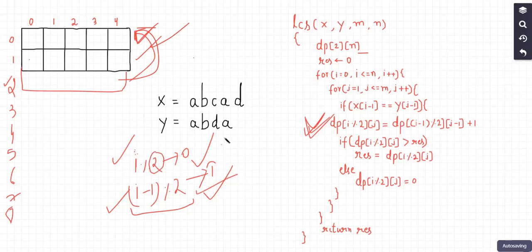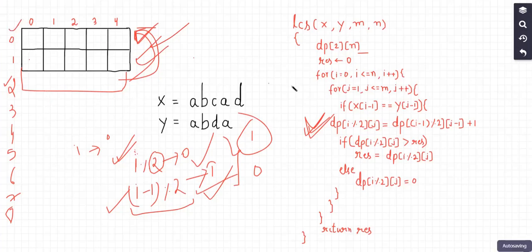Fine. And this will switch in case I is odd. In that case, I modulo 2 will give me 1 and I minus 1 modulo 2 will give me 0. That means if I is odd, the results will be stored at the first row here, and it will require the results of row number 0 here.